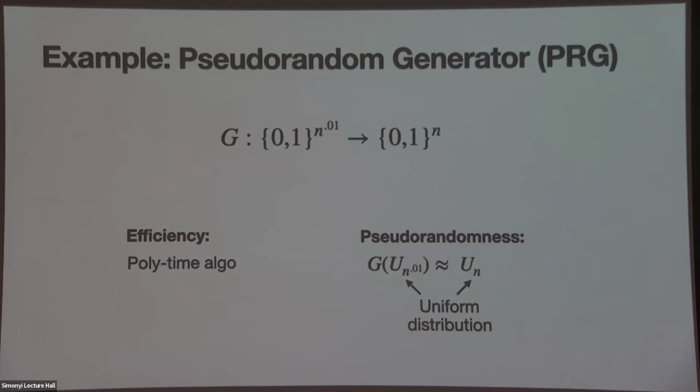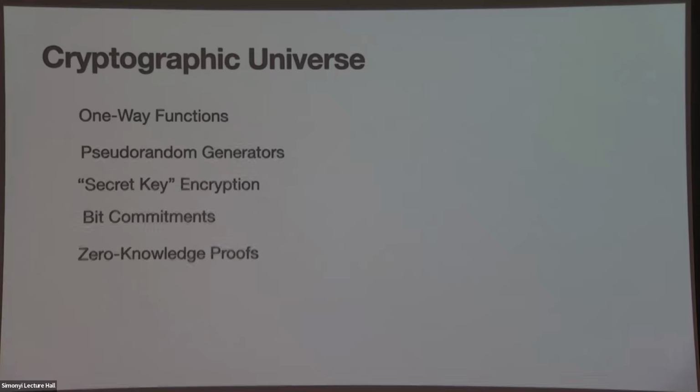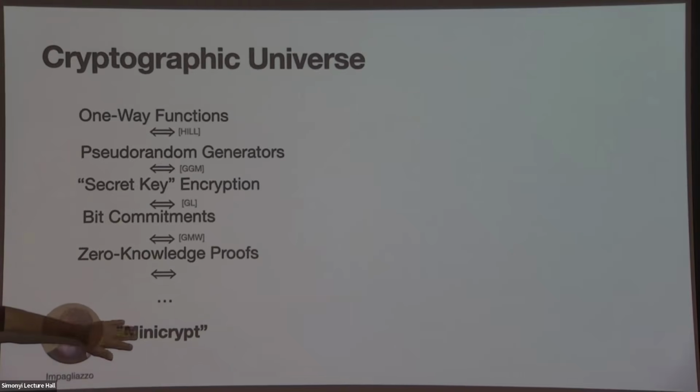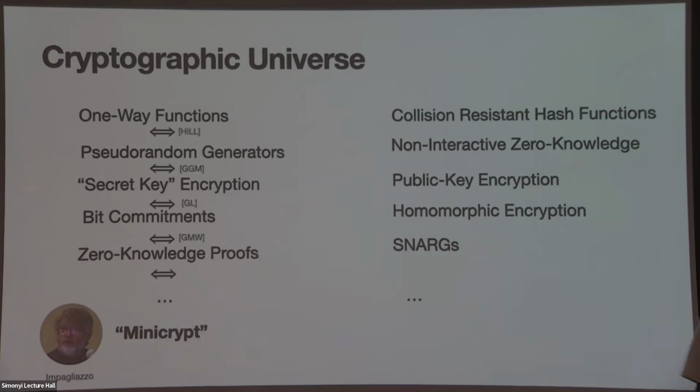Good. So this is one notion, and this is one of a lot of notions in the cryptographic universe, most of which I won't tell you about. There's a whole slew of things like one-way functions, pseudo-random generators, secret key encryption, bit commitments, zero-knowledge proofs. Actually, kind of interestingly, all of these notions turn out to be equivalent to each other. They all live in this world called Minicrypt, but there are also many, many more primitives like collision-resistant hash functions, non-interactive zero-knowledge, whatever.